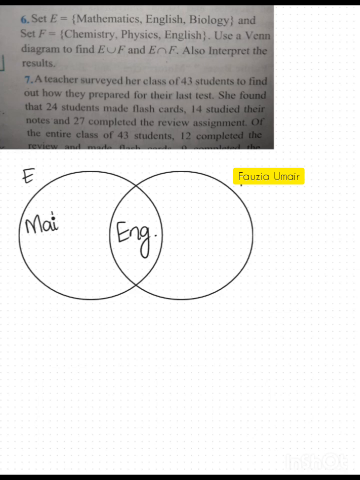I am using short forms here because space is a bit limited. So when you write down in your notebooks, you can write down the full element form. So for F, the two remaining elements are chemistry and physics. So this is the situation. So now I need to interpret the results also.